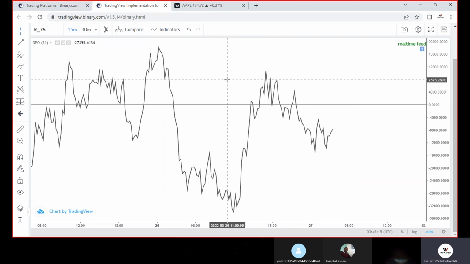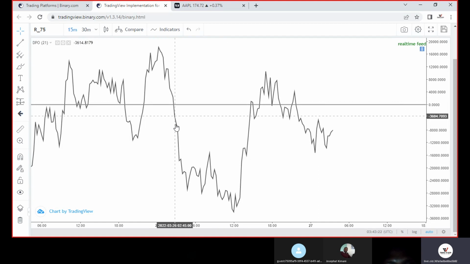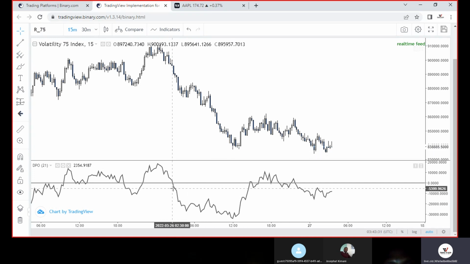So how this indicator works is this. Whenever price goes below the zero line, you only look for sell positions. And whenever price goes above, you look for buy positions. So this is more like a trend confirmation indicator.